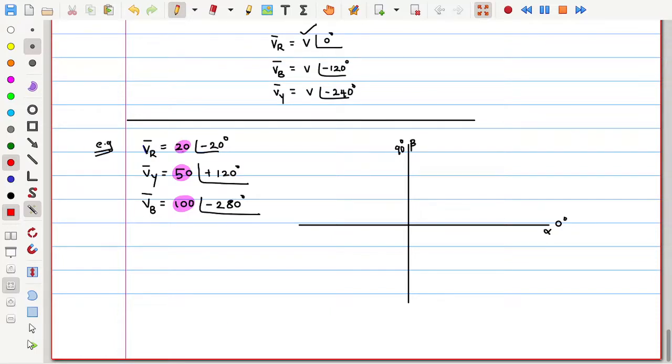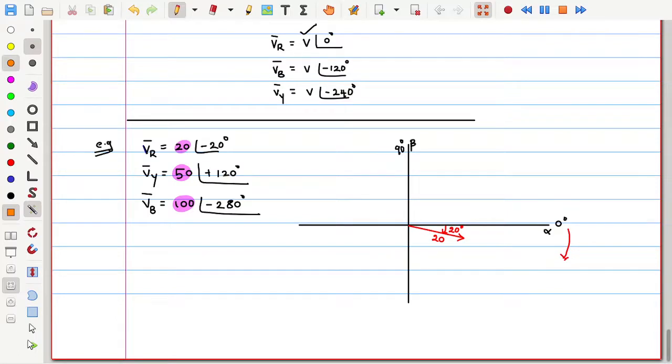VR has magnitude 20 but angle minus 20. Where does minus come? From 0, if I move clockwise by some angle, there I get this much length, 20 units of length, with angle 20 degrees made from here. This is VR. What about VY?